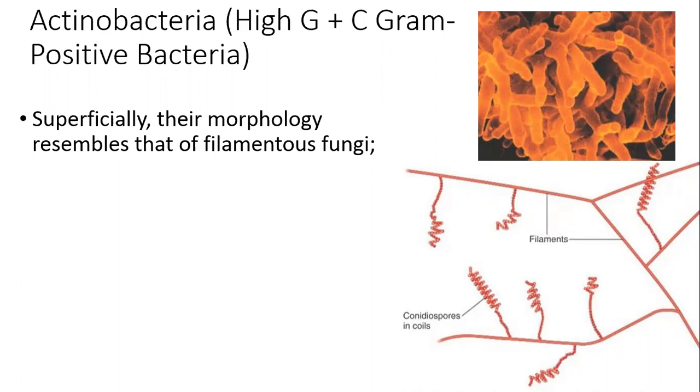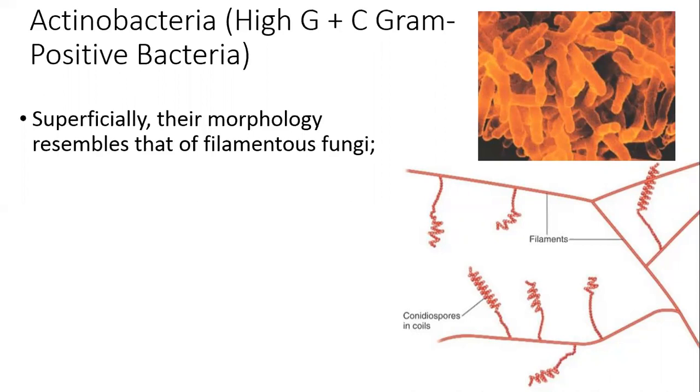At first we'll discuss that actinobacteria are highly pleomorphic in their morphology. Some of them are rods, some of them are cocci, and some of them show filamentous growth, or you can say they display their growth in the form of filaments.